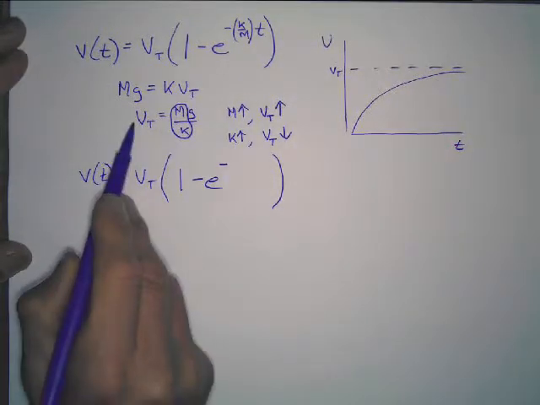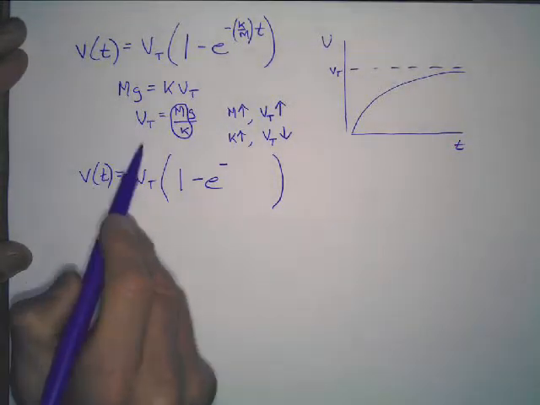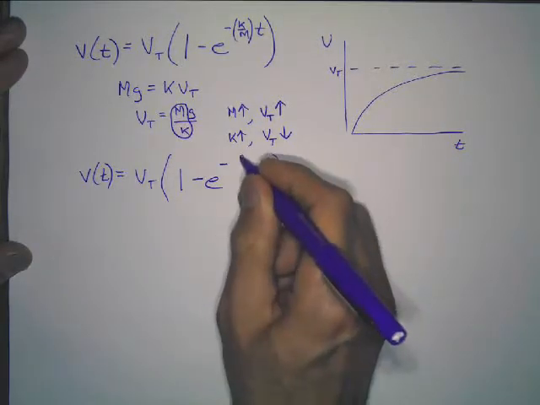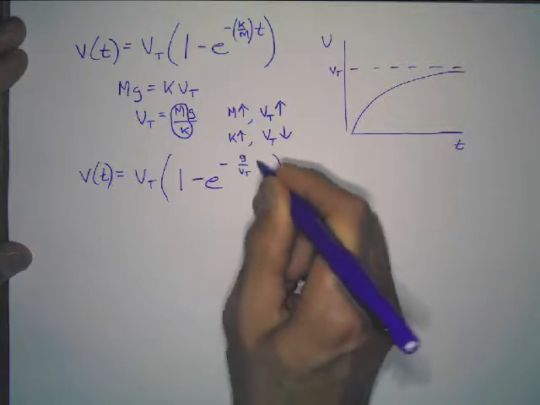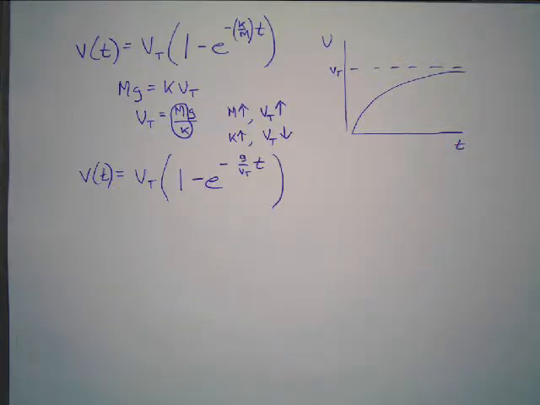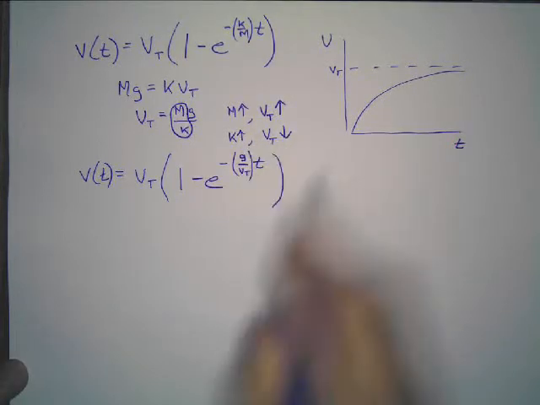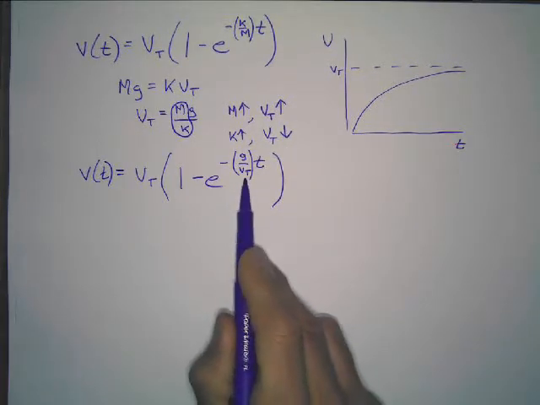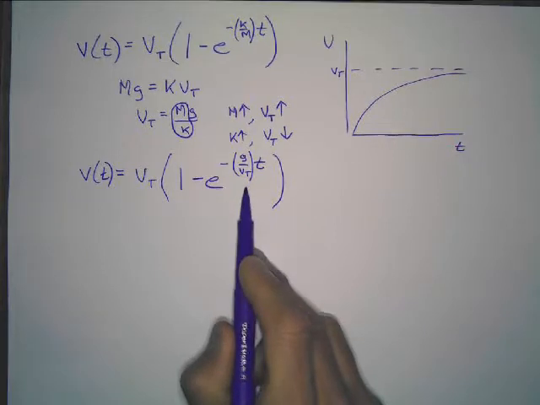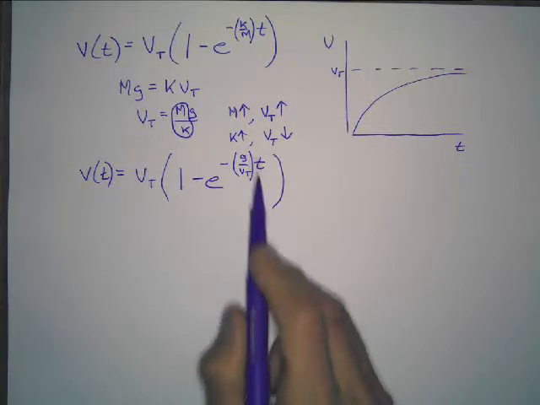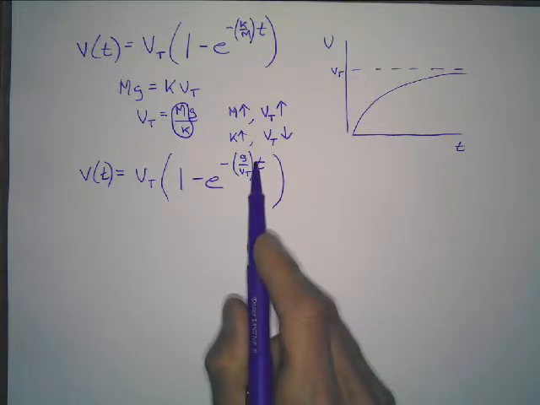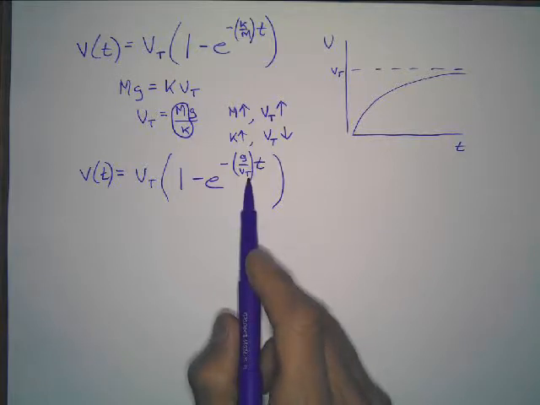So m over k should be equal to Vt divided by g. So that means I can substitute here and write my constant in different terms. Okay, so instead of writing it as k over m, I can write this in terms of g, the acceleration of gravity, divided by the terminal velocity of the object. Okay.